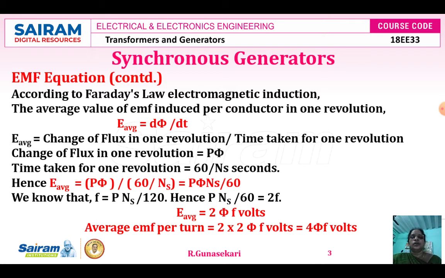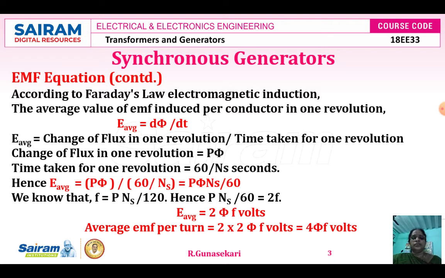So according to Faraday's laws of electromagnetic induction, the average value, because the RMS value is also there, the average value is there. Where is the average value? That means with respect to the instantaneous value, but the RMS value is the standard value. So the average value of the EMF induced per conductor in one revolution, which is denoted by the symbol E, is the induced EMF.